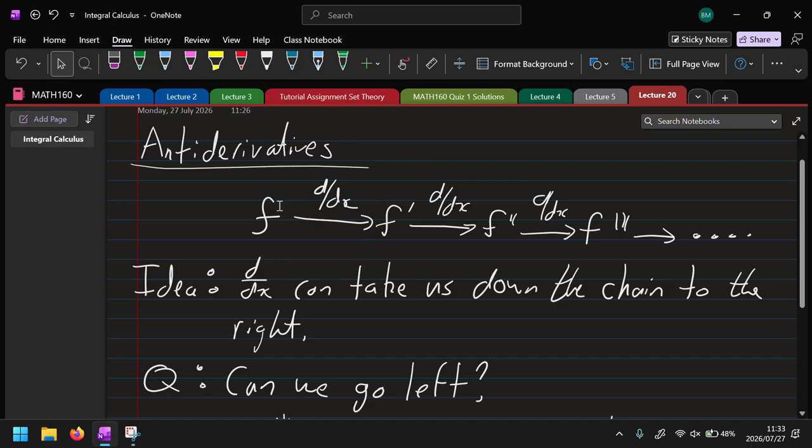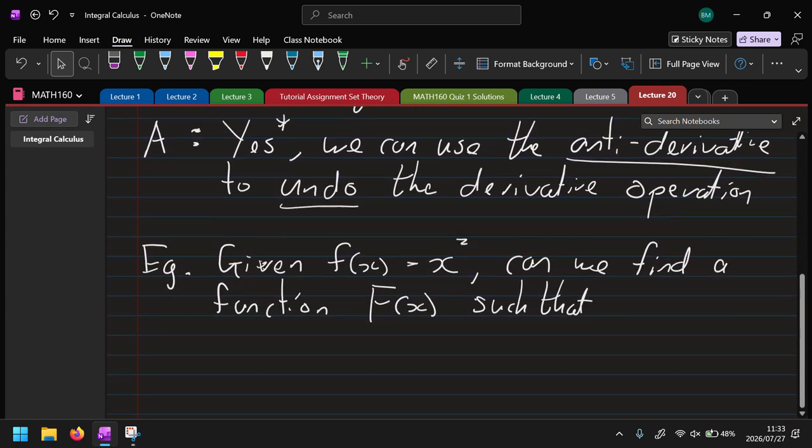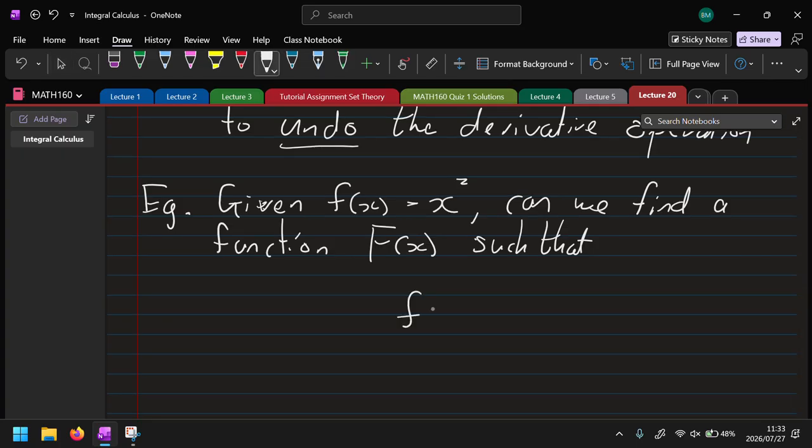Instead of going from f to f prime using the derivative, we want to go backwards to this capital F. Going from f to f prime is very easy. We've done lots of examples like that. But now the question is, can we go the other way to capital F?